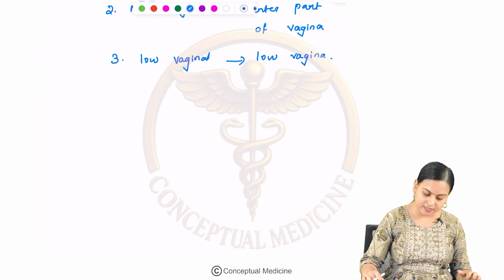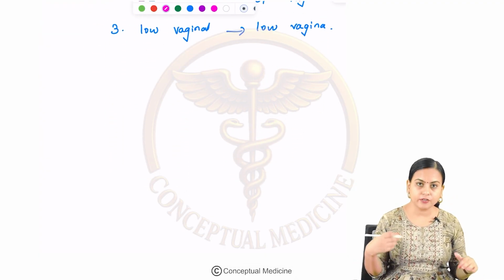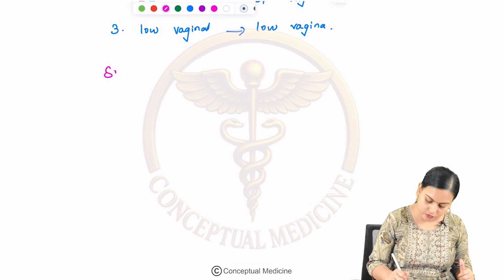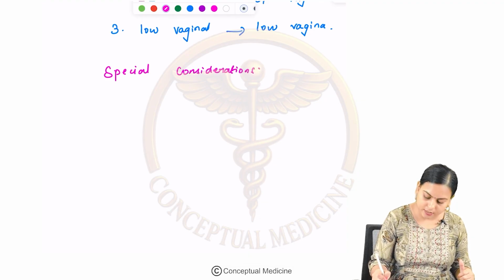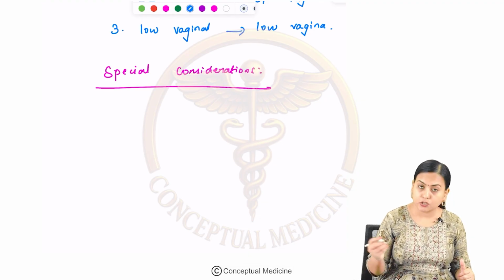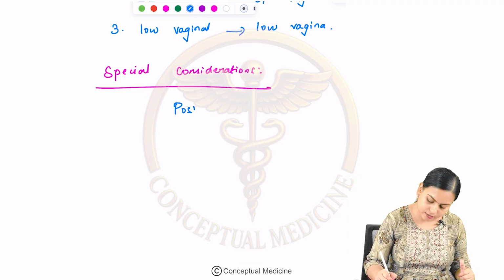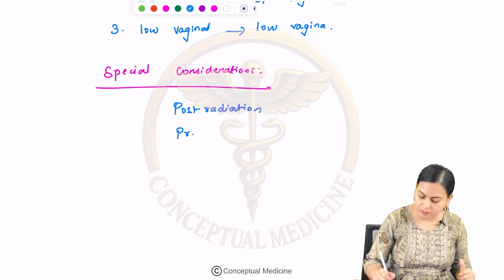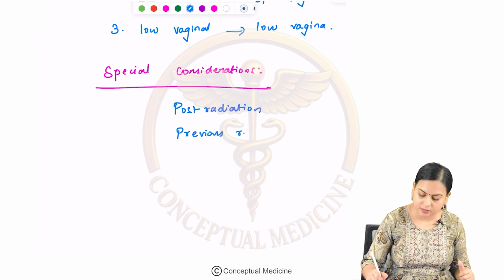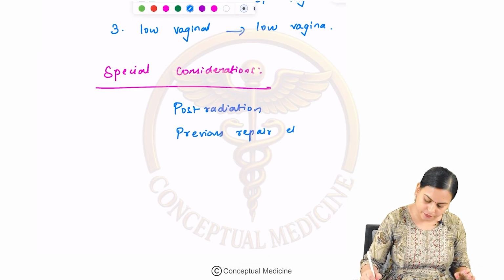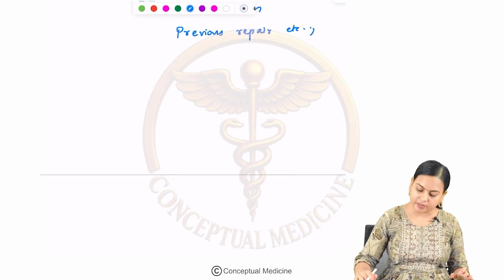Clear? Right. Now we have to give some special considerations also in the classification. So special considerations will include the fistulas that have arisen due to post radiation or previous repair, etc. Clear?